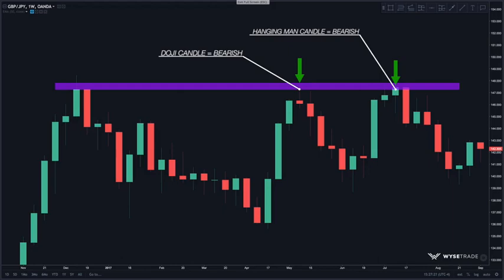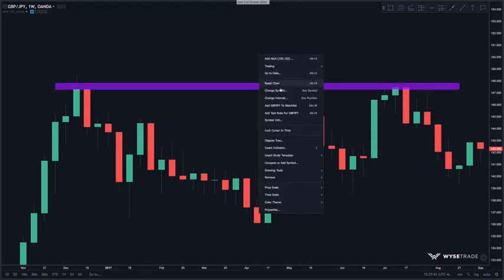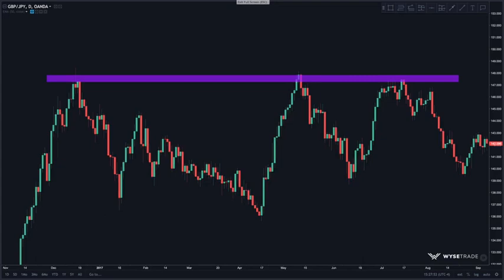Now, you want to see bearish price action on the daily as well, so that the time frames are lining up. Now let's jump down to the daily. So here in the daily, we need to confirm our bearish bias, meaning we need bearish price action again.